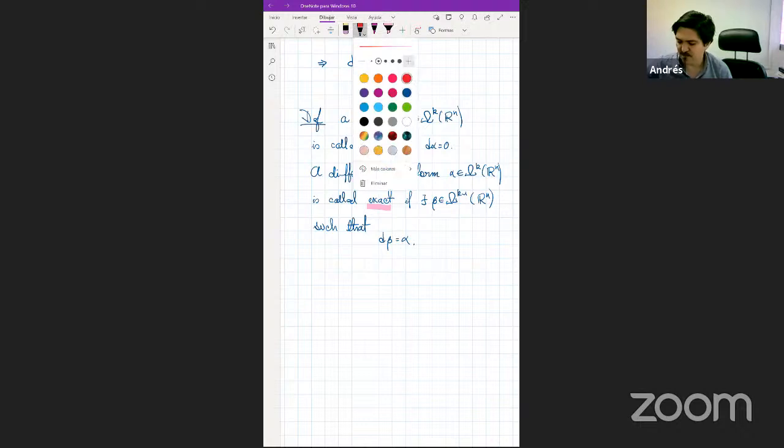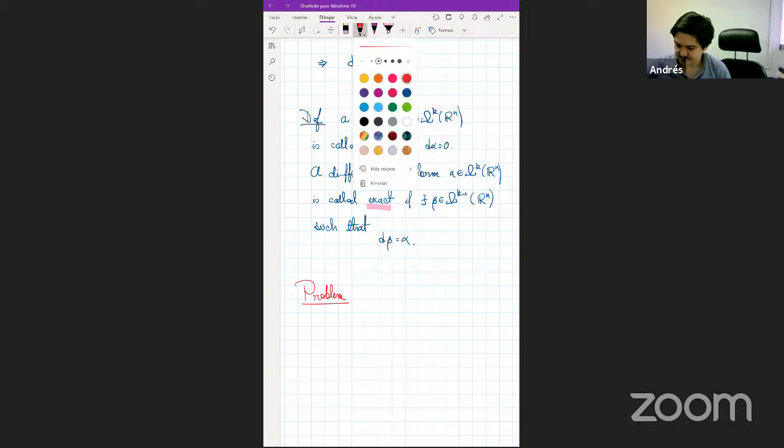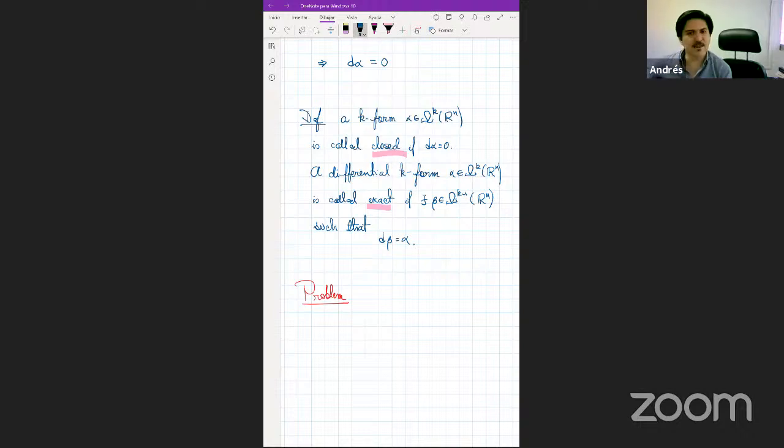Now, let's work out the following problem. This will be done in R2 only, with coordinates x and y. So consider a one form.